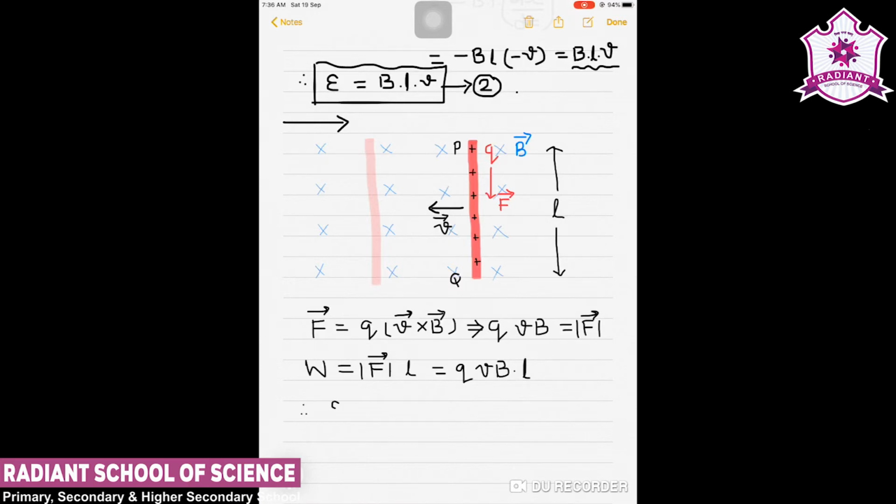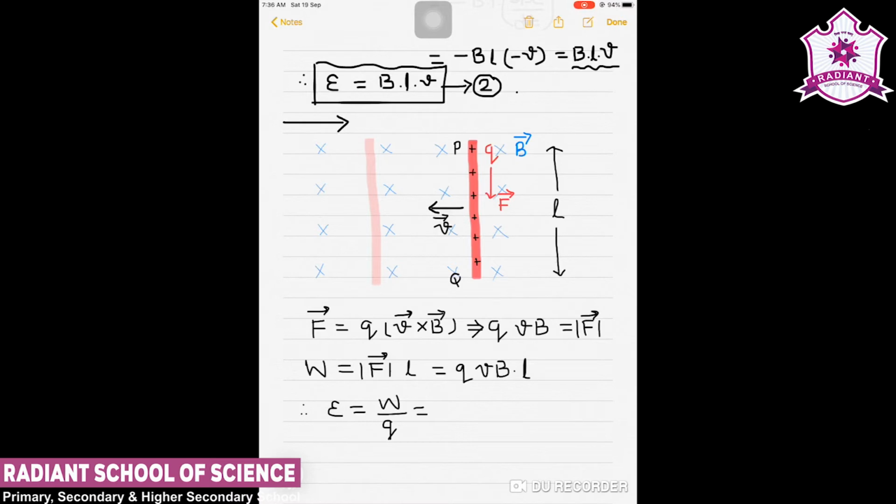So EMF is work per unit charge, that is W upon Q.